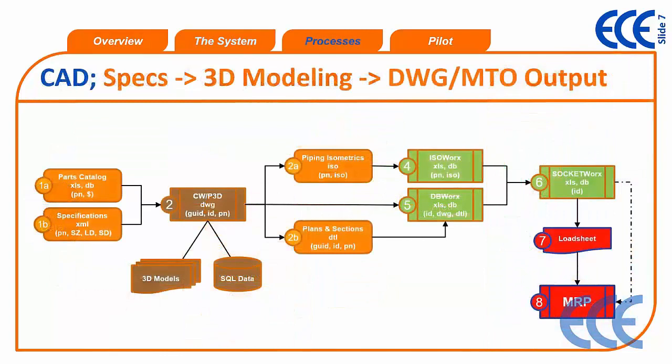So this is more of a high-level graph of how we're taking the data from your CAD environment and bringing it into a database through SOCKETWorx so that we can start to do things with that data. On the left-hand side, where we feel like this originates is just having a parts catalog, which means being dedicated to having a part number.